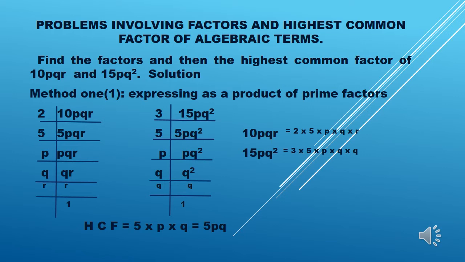Then looking at 15pq squared, the prime factors of 15 are 1, 3, 5, and so on.